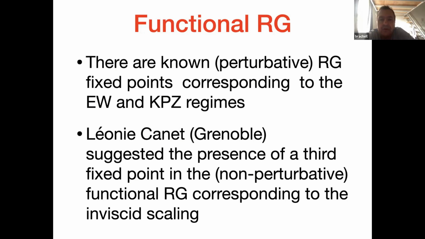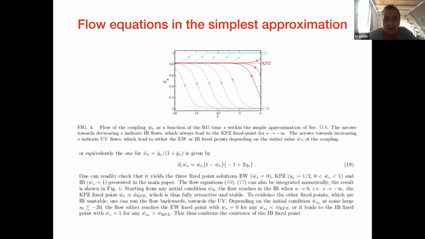There are two known fixed points: the so-called infrared, trivial Edwards-Wilkinson and KPZ fixed points. So Leonie Canet in Grenoble suggested that maybe there was a third fixed point that could be found by the non-perturbative functional renormalization group, and that this third fixed point would correspond to the inviscid scaling. So this is what she did.